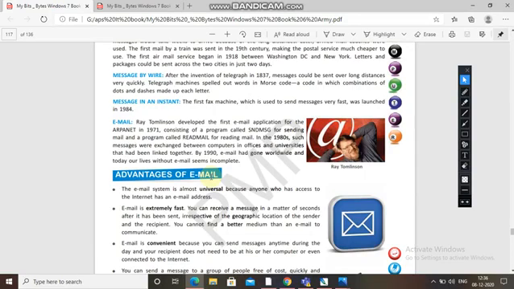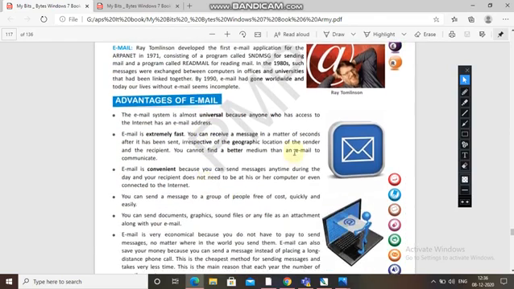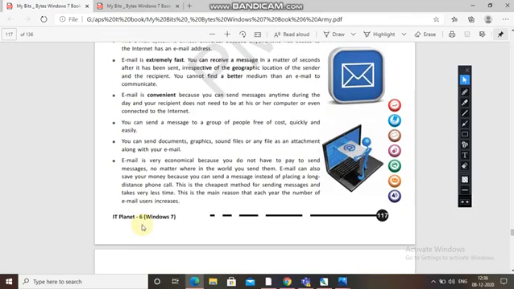You can send a message to a group of people free of cost, quickly and easily. Email is very economical because you do not have to pay much for sending the email. Even you don't have to pay a single penny to the person. So this is also a good thing.